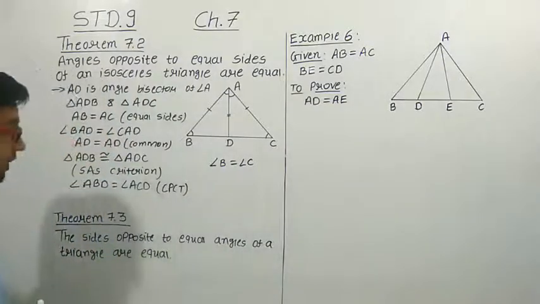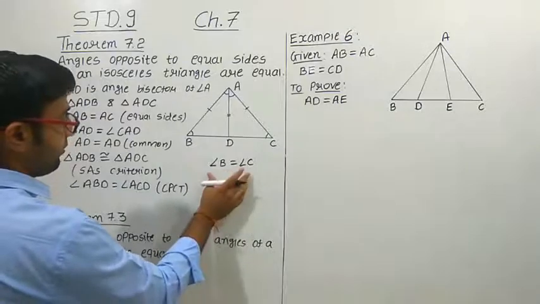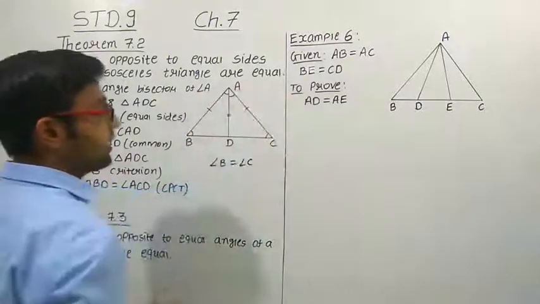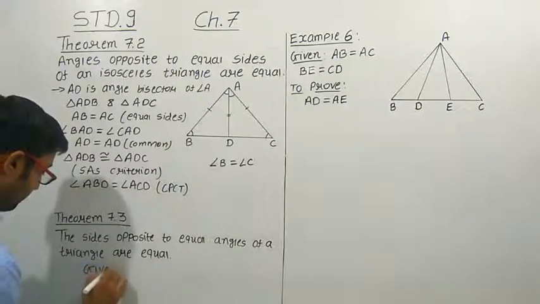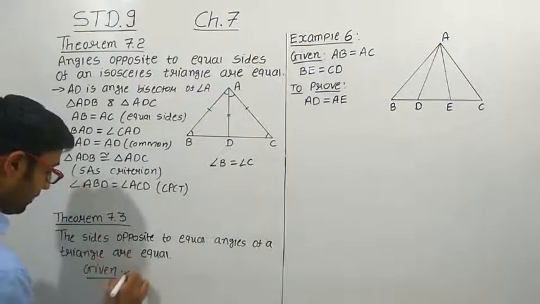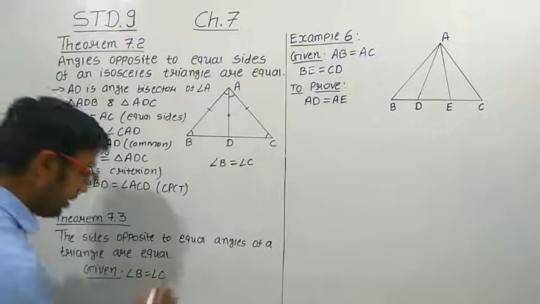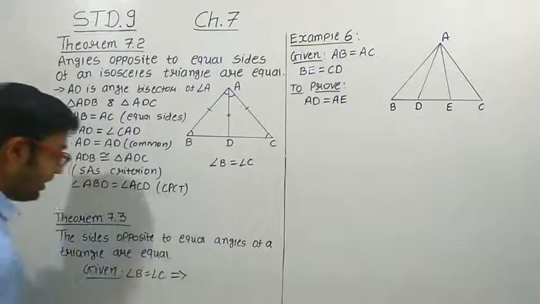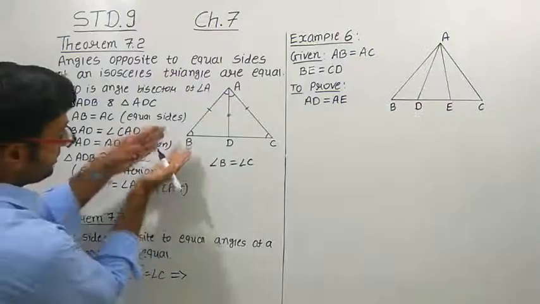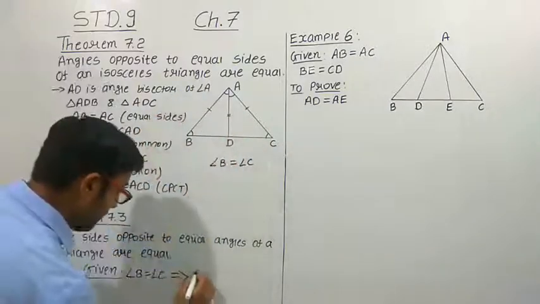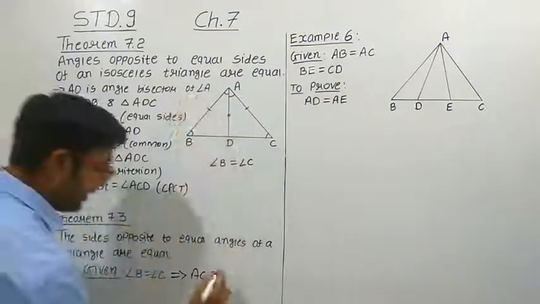Here we are given that the angles are equal. Let's suppose angle B and angle C are equal. Then we can say that their opposite sides are equal. If we consider angle B, then its opposite side is AC. AC will become equal to the opposite side of angle C, that is AB.